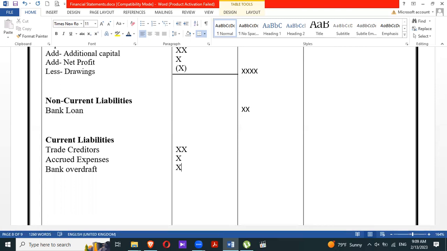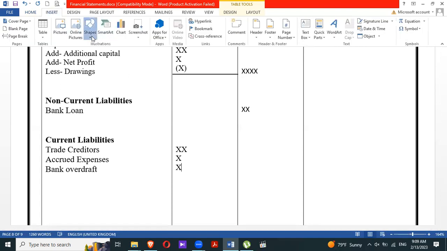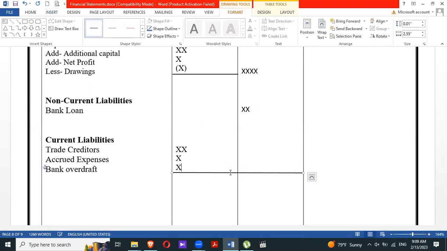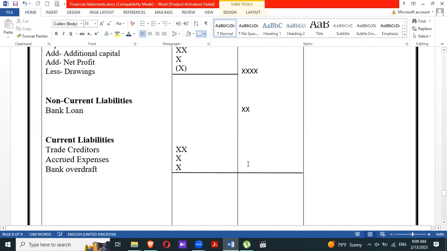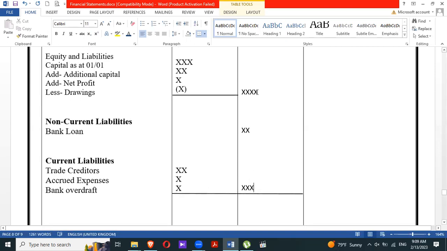Right? Now you can take the current liability total to the other side, like this. Take the total. Here there are three totals. The first total is closing equity. This is for non-current liability. This is for current liability.